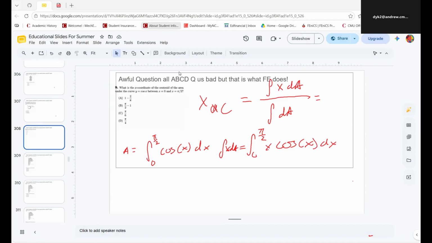Okay, interesting. I don't get any of the answer keys right now. Did I mess up the integral calculation? Probably did. Maybe I put the parentheses on one of them. I think that's probably right. Oh, I think I didn't put cosine in here. For some reason I put some weird x parentheses.